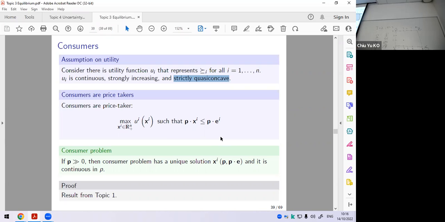This is exactly the Marshallian demand. The only difference is that it also depends on P, but he is a price taker. So the value of his endowment is fixed. It's not his choice; he's not choosing P. He's only choosing the consumption bundle. That's why it's a Marshallian demand.